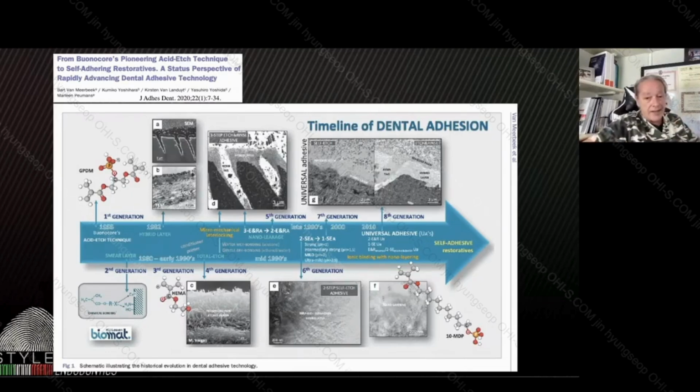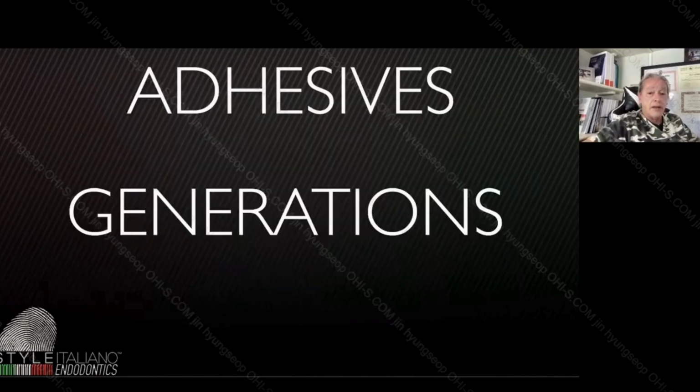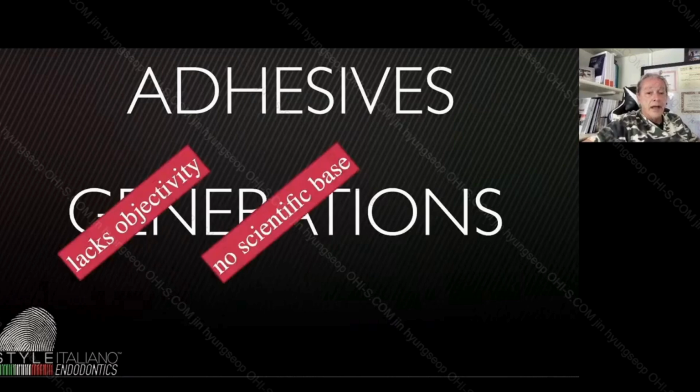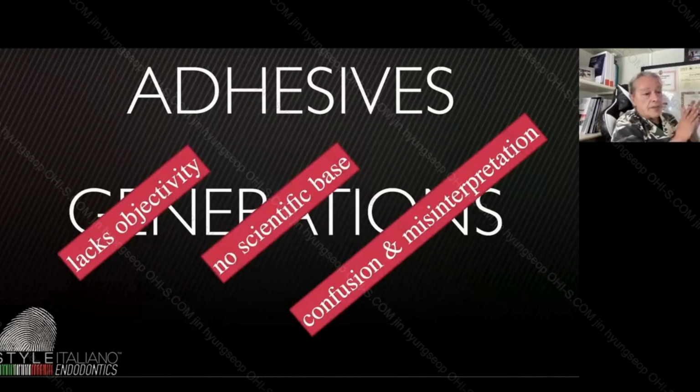I don't like this kind of classification because we have some problems. It lacks objectivity, has no scientific base, and can create confusion and misinterpretation because it looks logical that the new generations are better than before, but this is not always true.